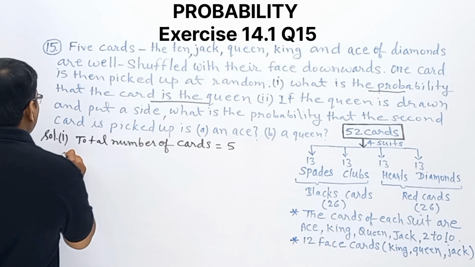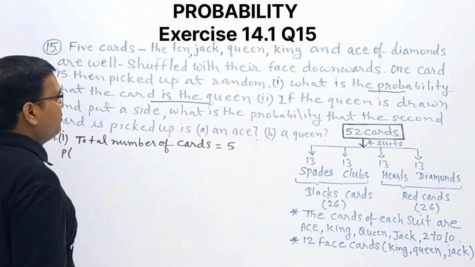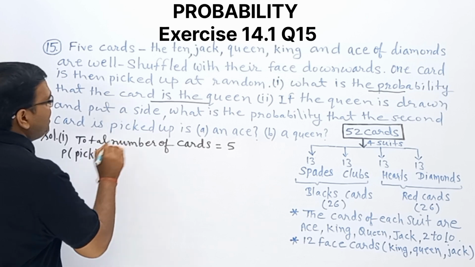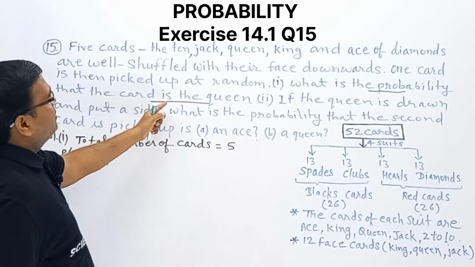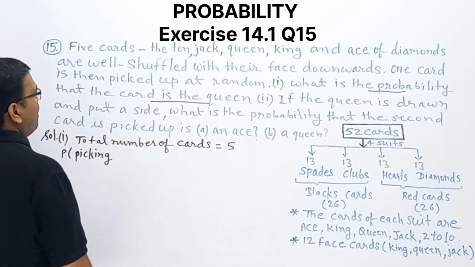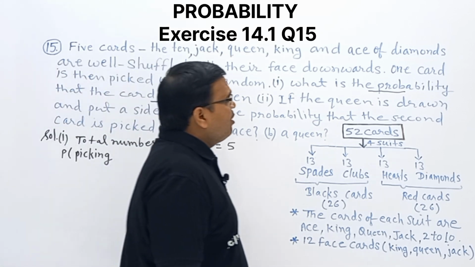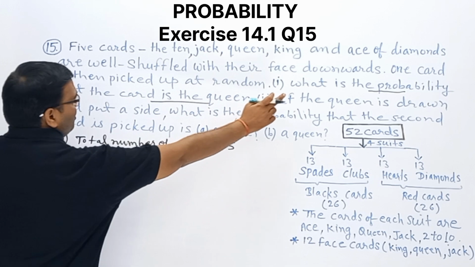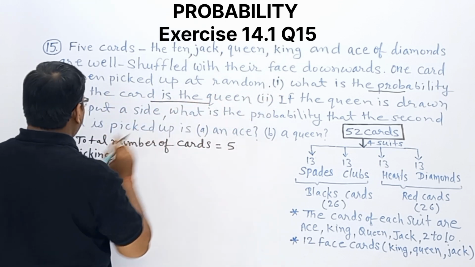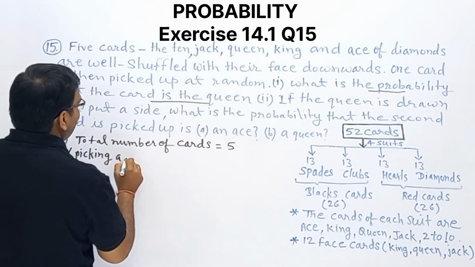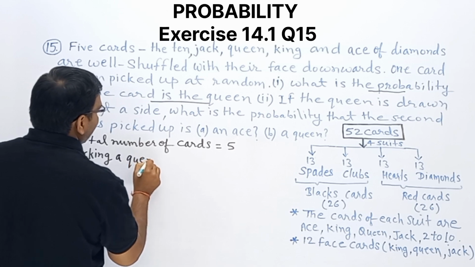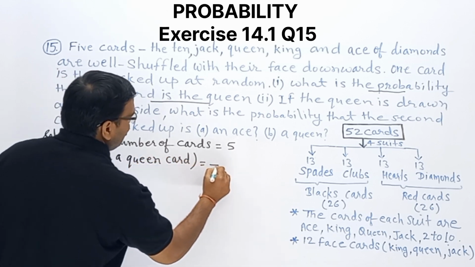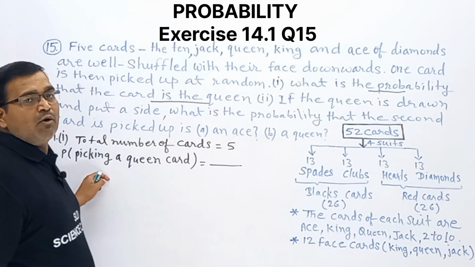Clear? Now the probability of picking a Queen card. So, what is the formula of probability of an event?